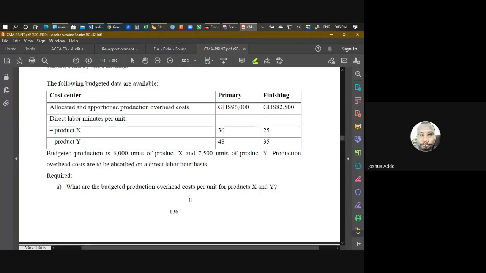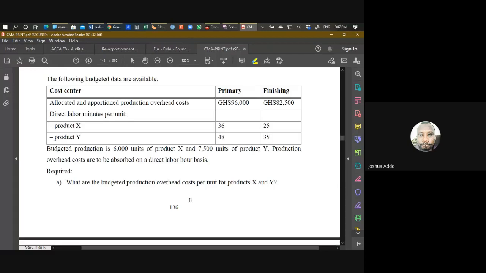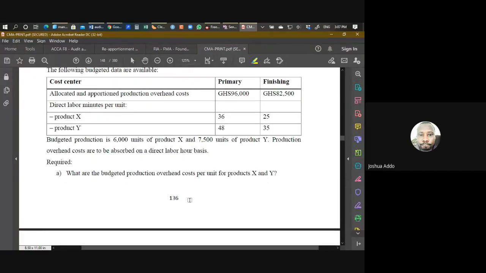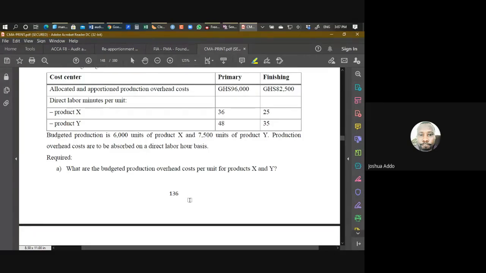We are interested in only the production overhead cost per unit, so that when we are given the direct cost, we can form our full cost per unit. So can you attempt this? From the way it stands, the question was not specific as to whether we should go departmental in terms of the absorption or we should go blanket.